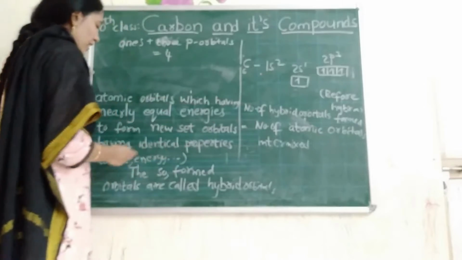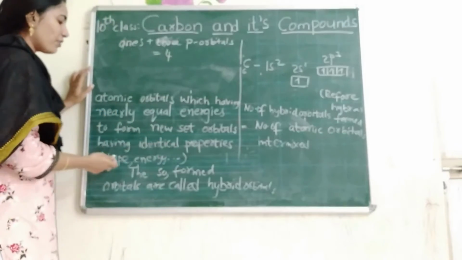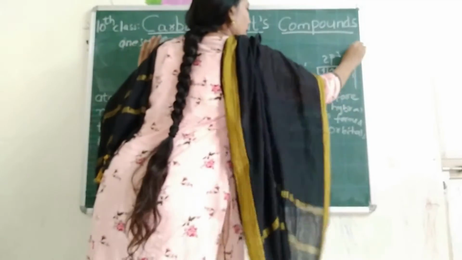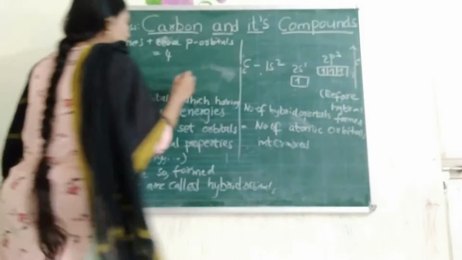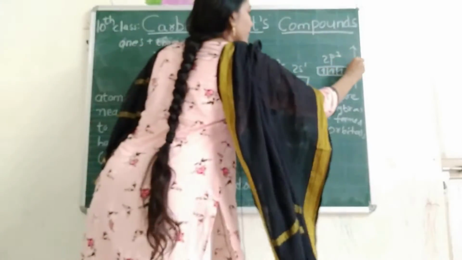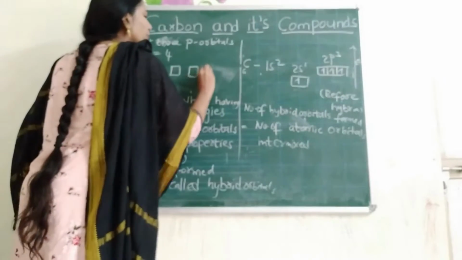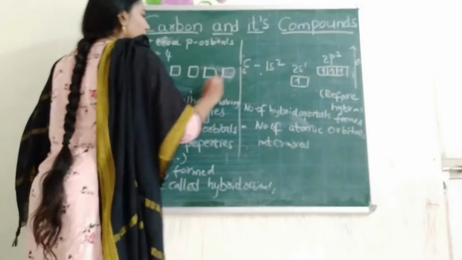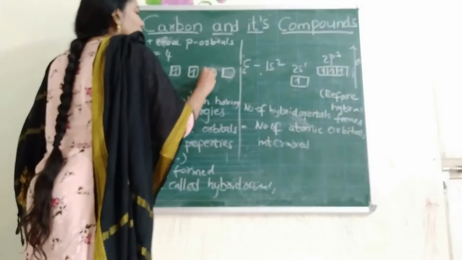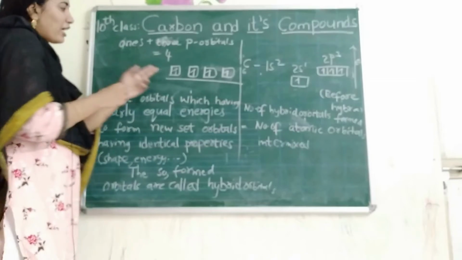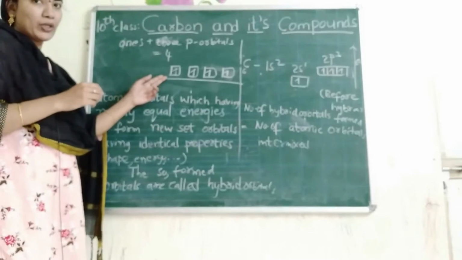After hybridization they have identical properties, that means shape and energy. Here we are representing it by difference in energy. After hybridization they form like this, and we call them hybrid orbitals.